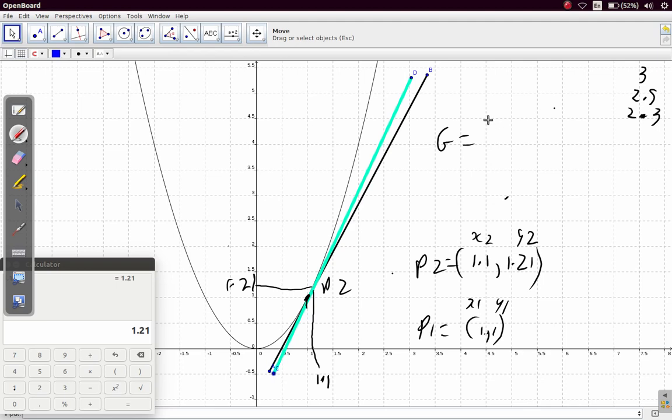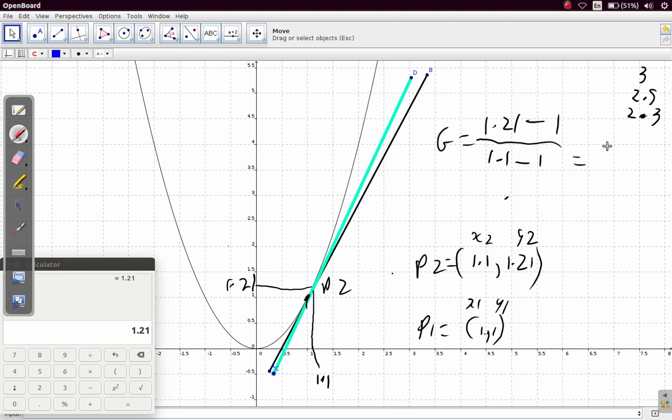It is y2, which is 1.21, minus y1, which is 1, over x2, which is 1.1, minus x1, which is 1.